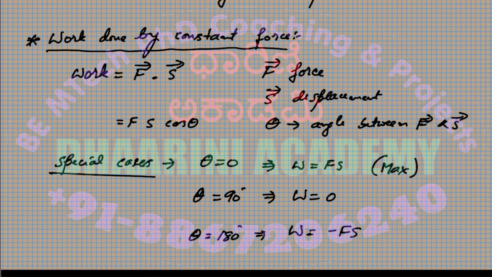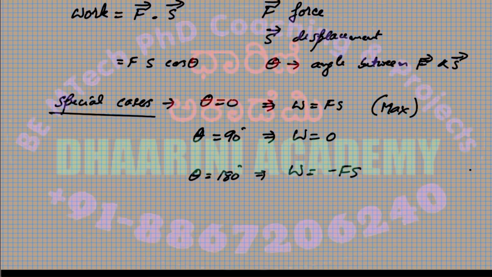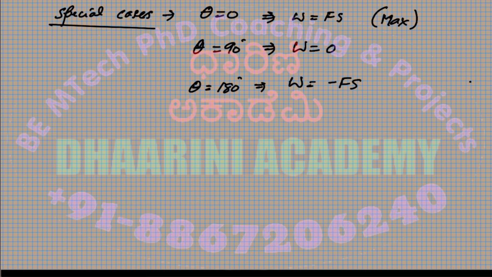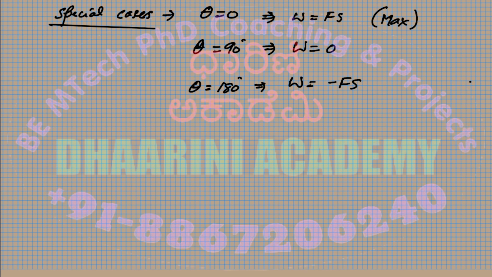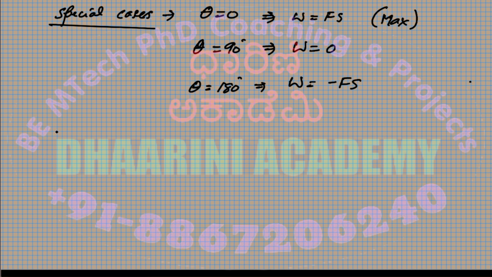Okay, let's quickly solve a problem based on this. Now you see, from the basics of vectors, we know that the dot product is a scalar. So work done is going to be a scalar and it is measured in joules. All right. Okay. So this is the question.